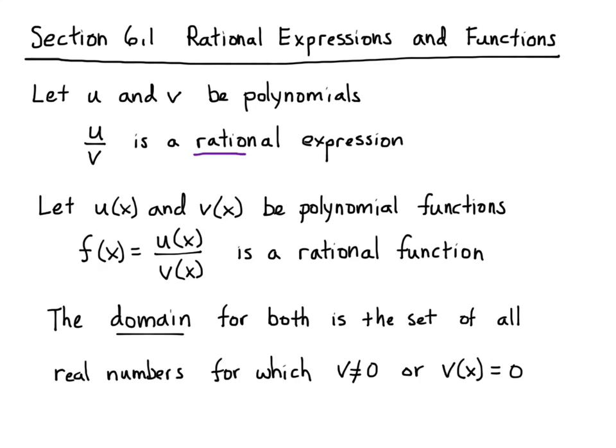And so we have to be careful about specifying a domain, because we do want this thing to equal some type of number or value. And so we have to be careful, never set that denominator to be 0. And for the most part, that might be implied that it can't be 0.